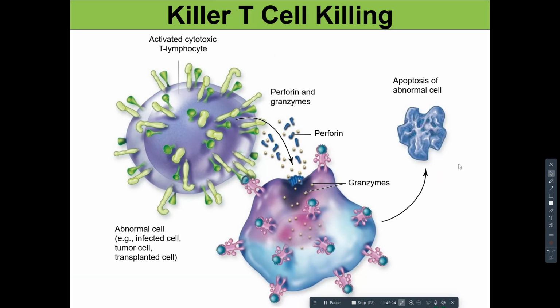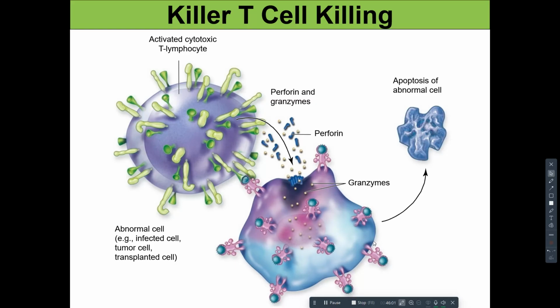Now the active killer T cells, they go find more infected cells, more cells displaying that same viral protein on their MHC1s, and the killer T cells kill them, either by releasing some proteins that punch holes into the cell, causing water to rush in and letting them explode, or by causing the infected cell to commit apoptosis or cellular suicide.